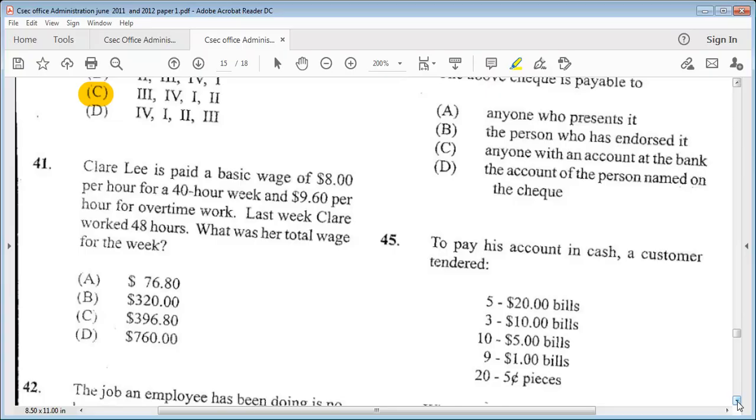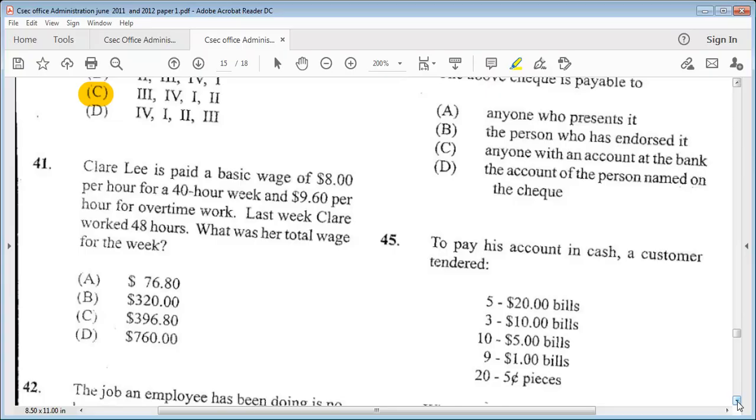Now, we are given the time, the amount, and the rate that was paid. She got a basic wage of $8 per hour for a 40-hour week. So we have to multiply 8 by 40. She got it at that rate. 8 times 40 is $320. And then it says $9.60 per hour for overtime work, and she worked 48 hours.